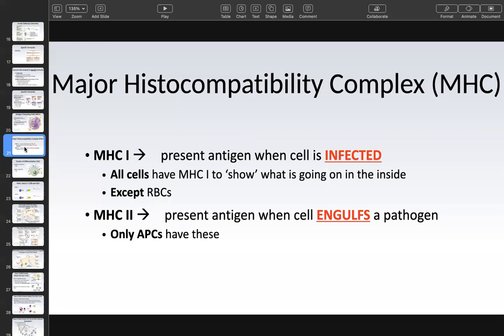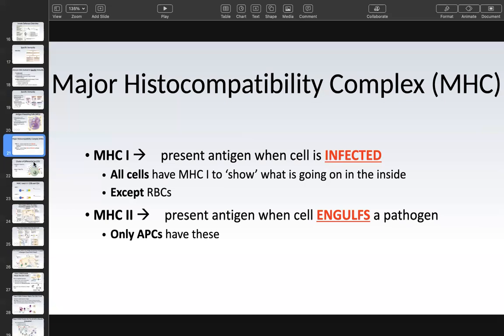So it's worth knowing, and we'd like to ask about exceptions, that all human cells in the body will present an MHC1 complex, except for red blood cells. And this explains why infections of the blood present differently than other infected cells in the body when it comes to clinical presentation.